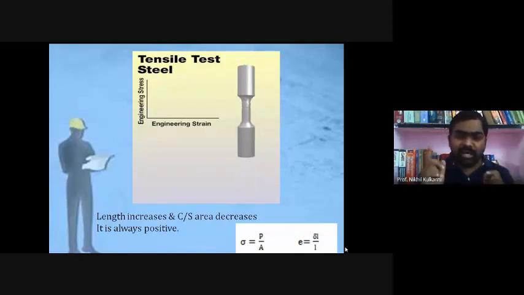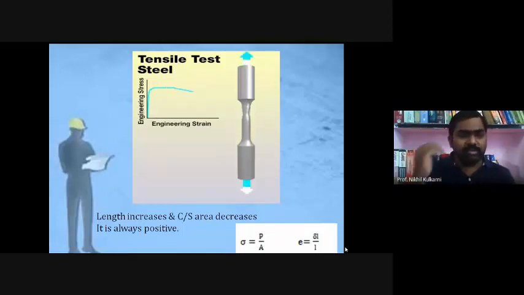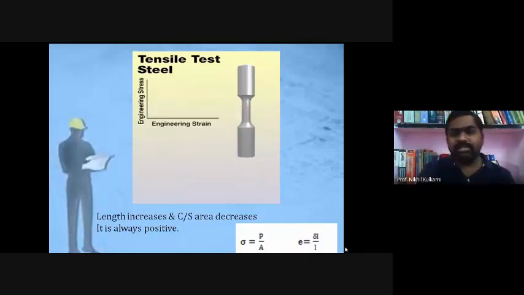But for strain there is no unit, because it is the ratio of the same quantity, change in length by original length, both are lengths. Length may be taken in meter or centimeter, so there is no change particularly in the dimensions. Hence strain is unitless, remember this.